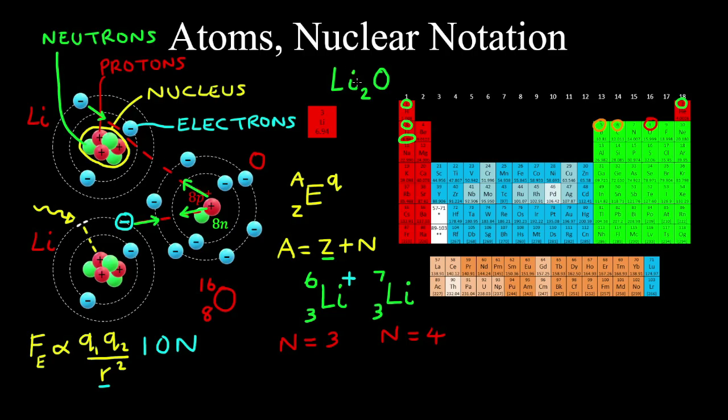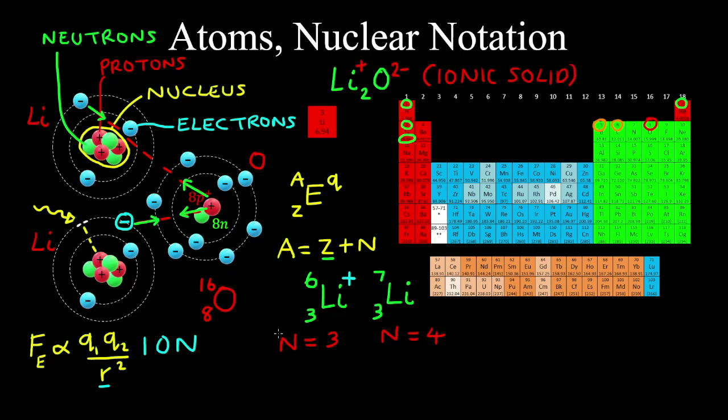So effectively you have 2 lithiums, each with a positive charge, and 1 oxygen that has a 2- charge, because it attracted 2 electrons, 1 from each lithium. And multiple lithium and oxygen atoms bond to form an ionic solid, because of those strong electrostatic interactions.